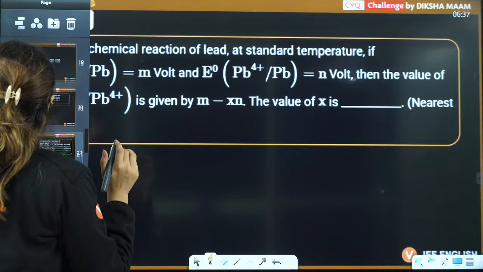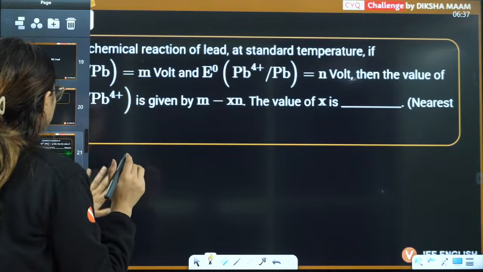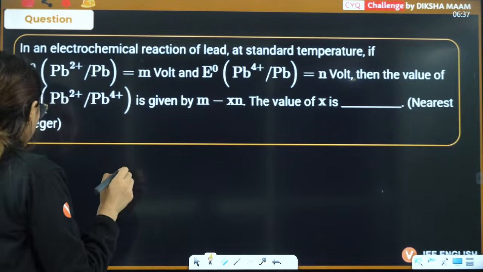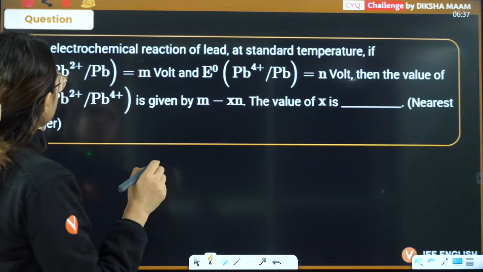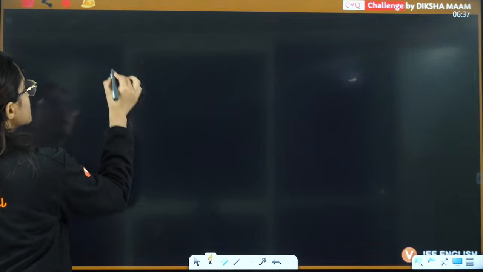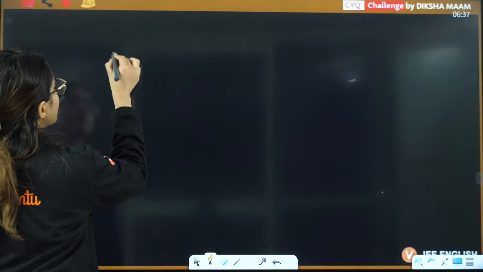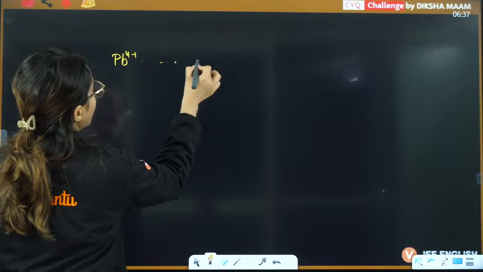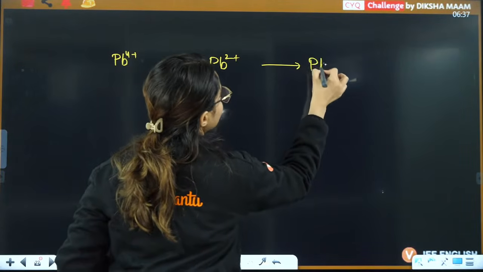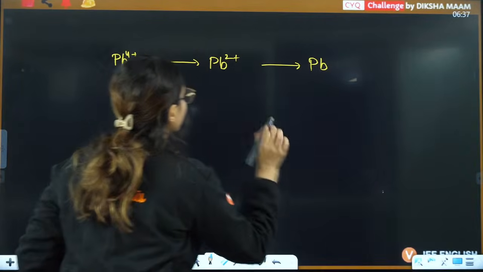Let me just draw this here: Pb4 positive to Pb2 positive, then to Pb. Always write it in this manner, showing that it is getting reduced.